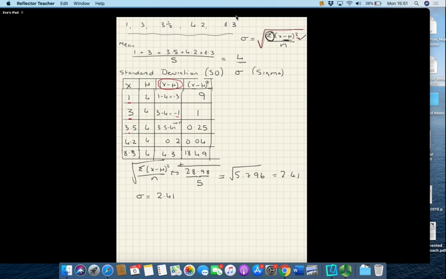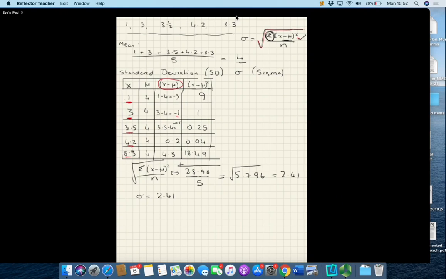So we took each of the values here, 1, 3, 3.5, 4.2 and 8.3, and every value became part of the calculation to get us the standard deviation. Okay, so quite a long-winded calculation, an important one to understand what it is.